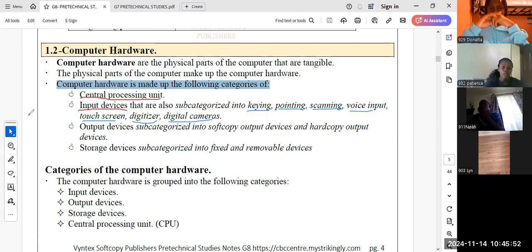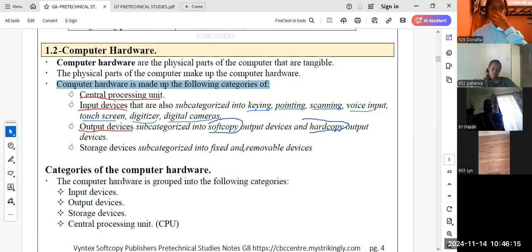Then from the input devices, we talked of output devices, and they have the following subcategories. We have the soft copy output devices and the hard copy output devices.